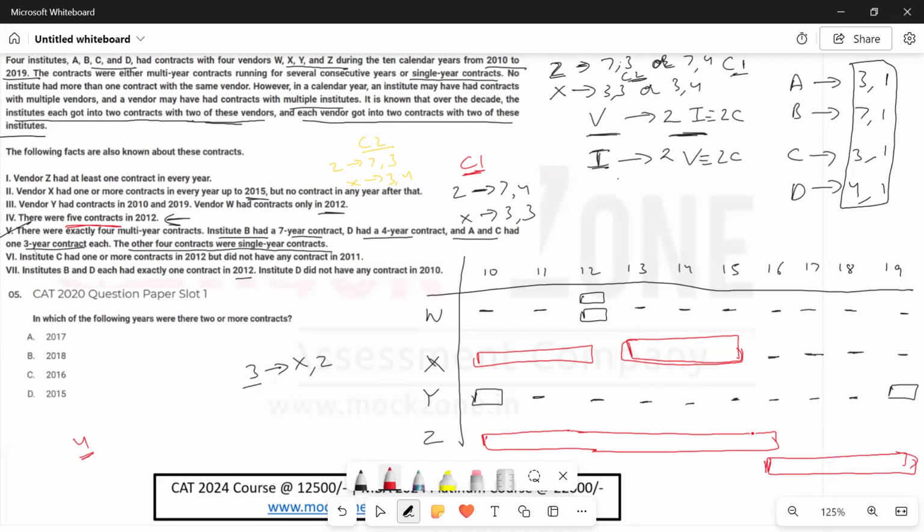This is one possibility. इसमें overlap कहाँ है? 2016 में. But then again in 2012, how many contracts are there? 4. Is it possible that 2012 can have 4 contracts? No, because we know that there are 5 contracts in 2012. So we know that for sure case 1 is not possible. Z cannot have 7 and 4. Z should have 7 and 3 years का contract.